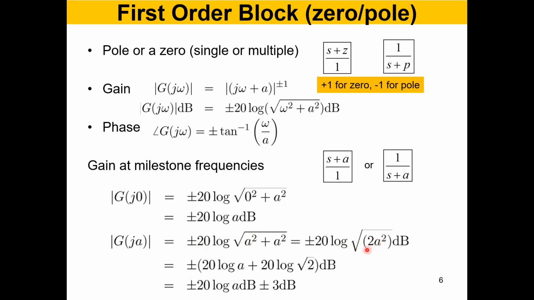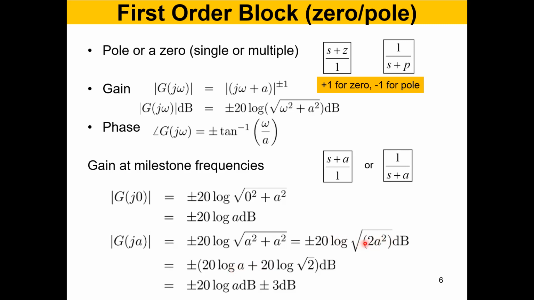So when you have the square root of 2, it is root 2. And on the other hand, the square root of A square becomes A. All right.